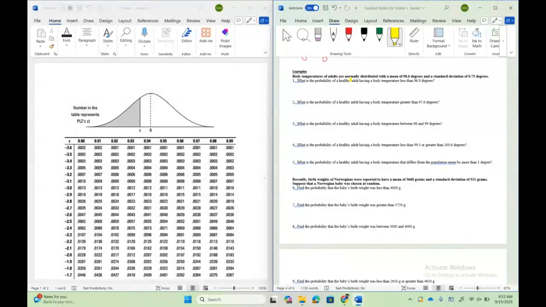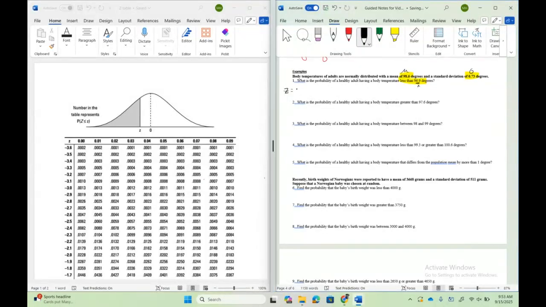Body temperatures of adults are normally distributed with a mean of 98.6 degrees and a standard deviation of 0.73. What is the probability of a healthy adult having a body temperature less than 96.6? To do this, first we're going to find a z-score. This is our x value, this is our mean, and this is our standard deviation.